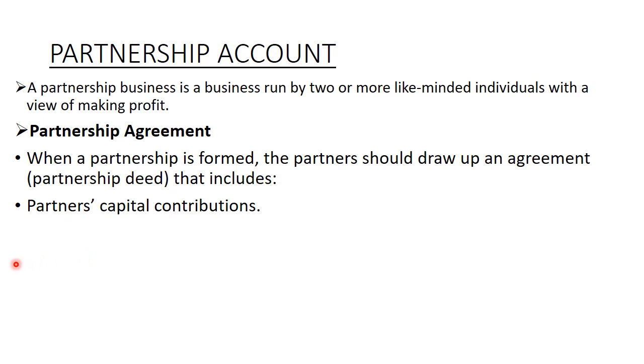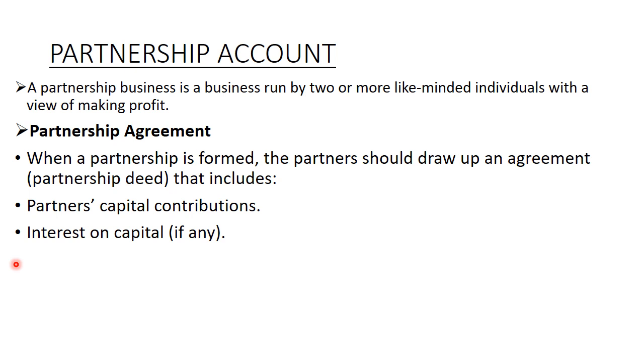It also includes the interest on capital. In a partnership arrangement, if a partner adds capital to the business, they are going to be awarded some interest. The idea of awarding interest stems from the fact that most businesses need more capital.